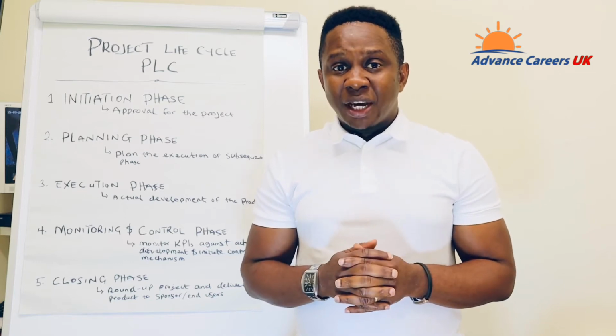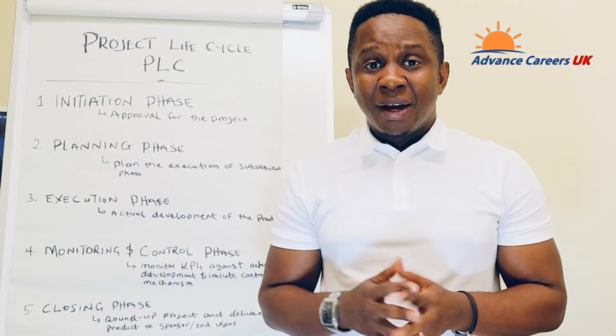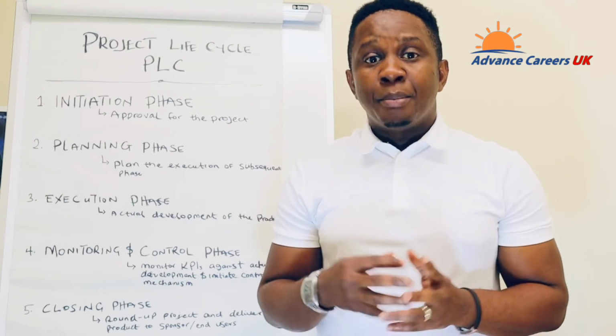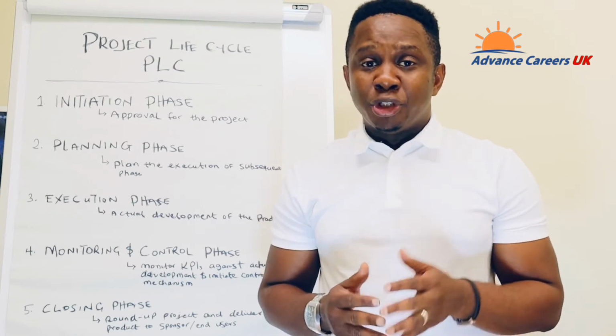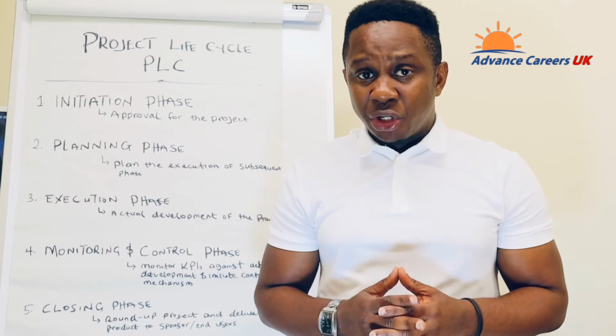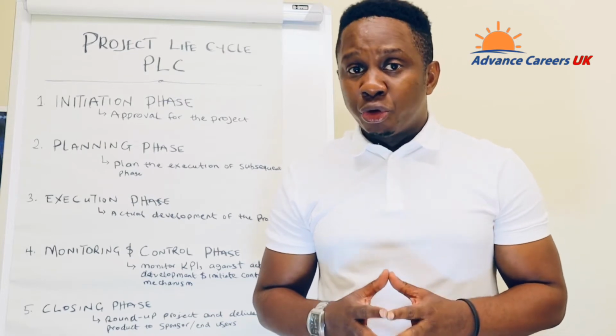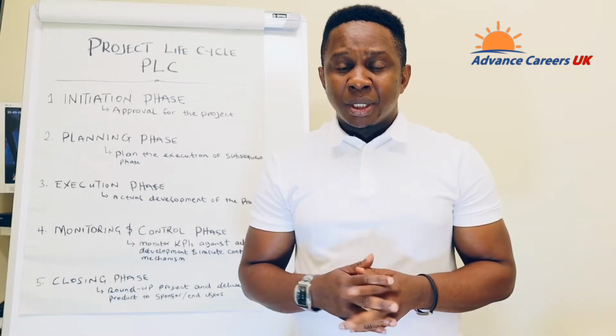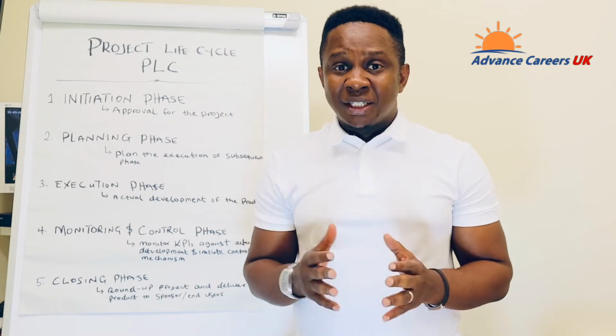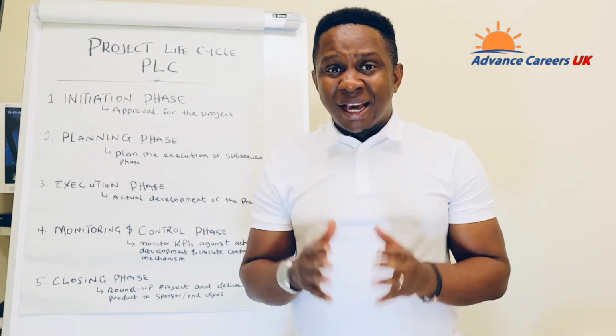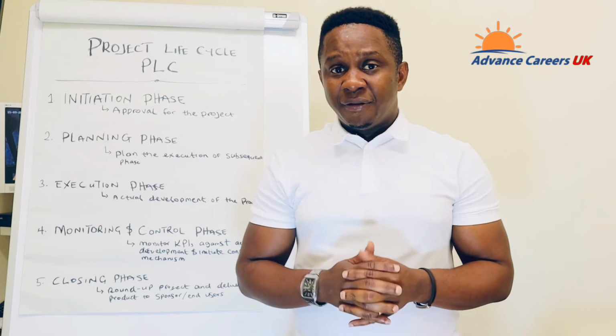In the project life cycle, or PLC, we have 5 phases: project initiation, project planning, project execution, monitoring and control, and project closure. And each of these phases has specific and specialized objectives.